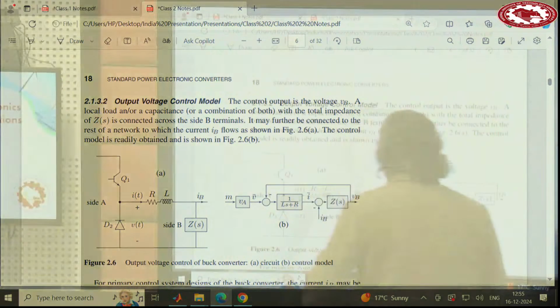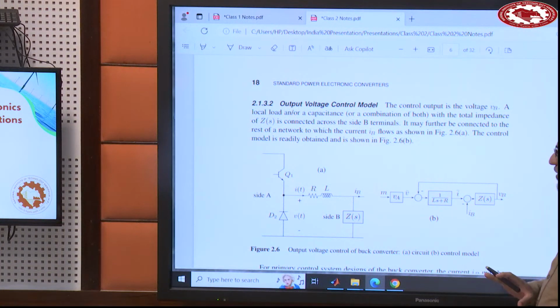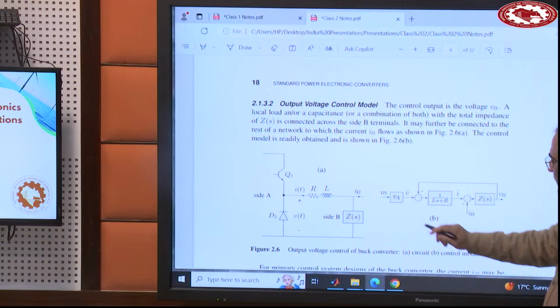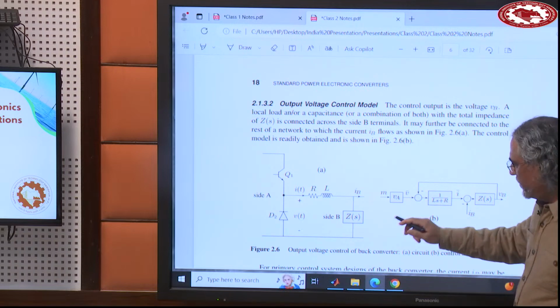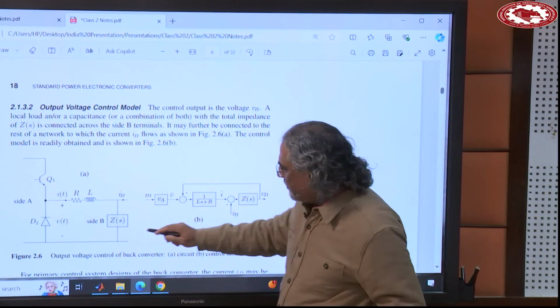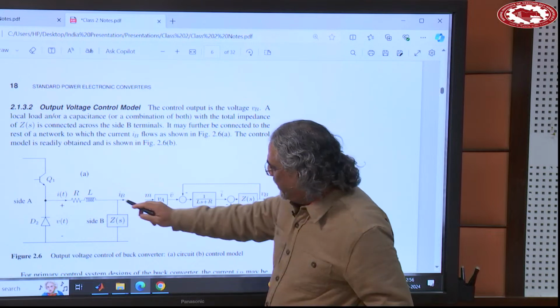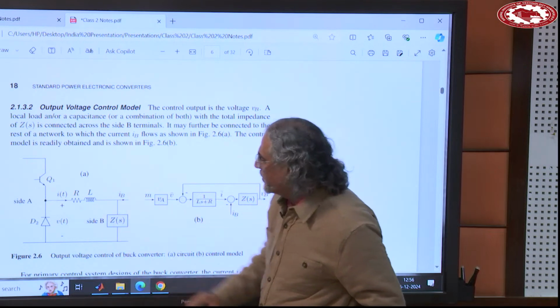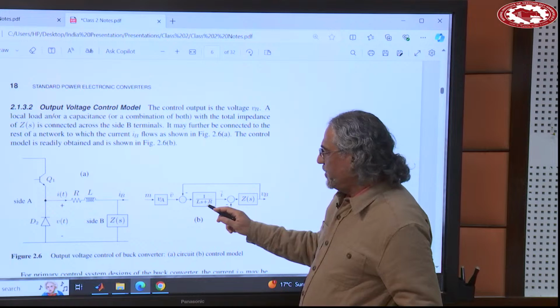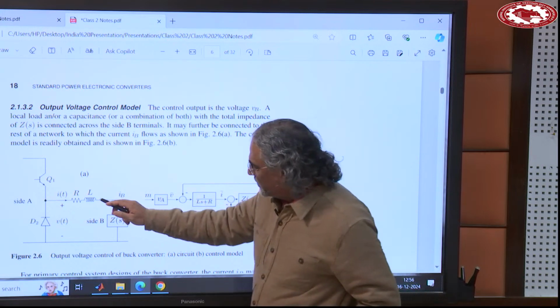That's a very reasonable scenario. So in this case, again, without going too much into equations, you can see that this diagram is correct. Why not? M into VA generates this voltage here, the average of that. This voltage minus VB is the voltage across this inductor. You divide it by the impedance of the inductor, and that gives you the current flowing into this inductor.